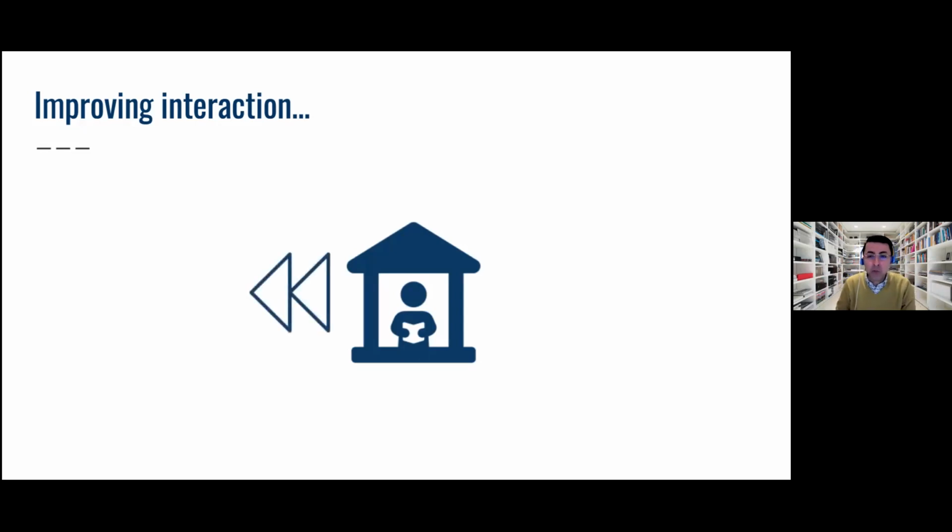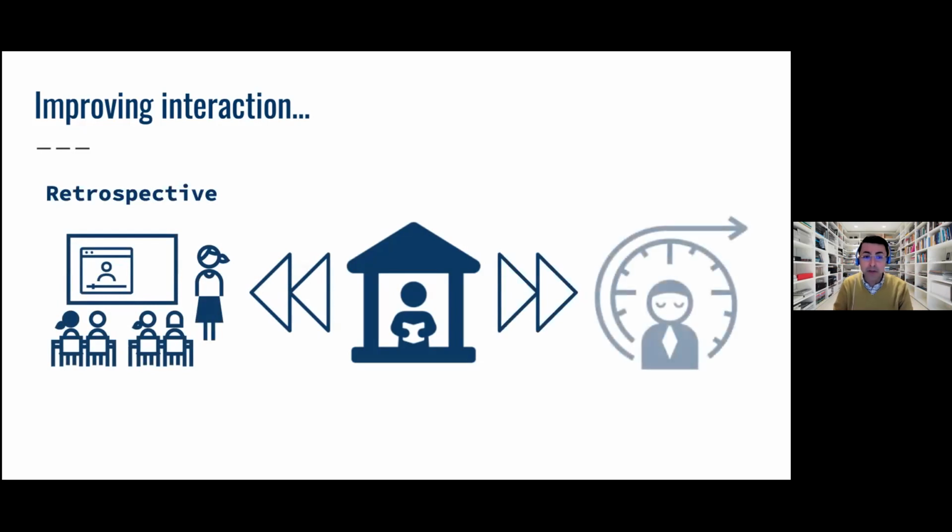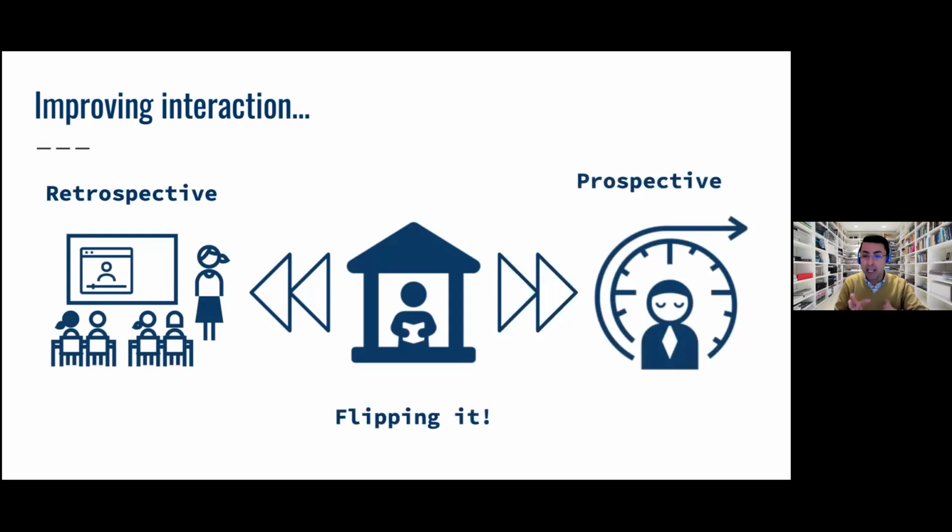So we know that homework tends to be mainly retrospective, right? And it's usually about what we did in the classroom, but it doesn't have to be necessarily like that. I mentioned before that it can be prospective, sort of flipping it. And I gave you the example of what I do with my learners, that I tend to give homework that is retrospective, but at the same time, it is now a routine that they read 1 or 2 pages of what's next.